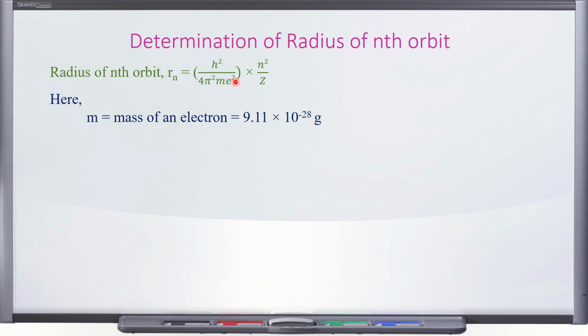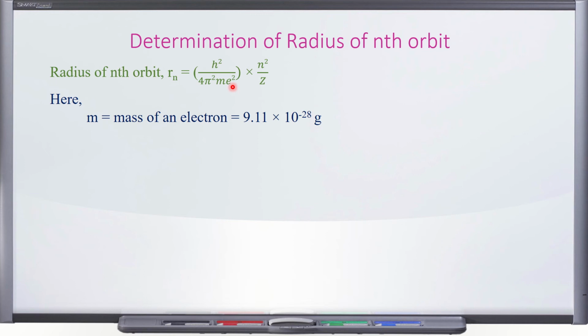In previous classes I told that it is better to use SI unit for every term. But look, here the charge of electron is given. You have to put the value of the charge of electron. Charge of electron, always we will use ESU, electrostatic unit.